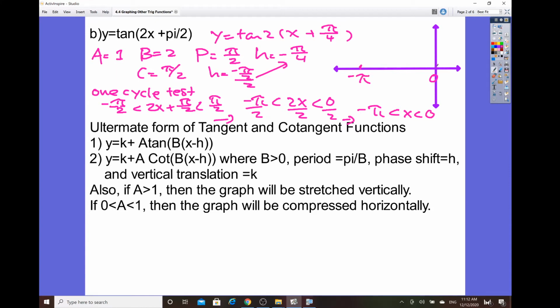So again, at those two positions we'll get the vertical asymptote, the VA. And half of the distance, so negative pi over 2. Over here, half of the distance, negative pi over 4. Right here, half of the distance, that would be negative 3 pi over 4.